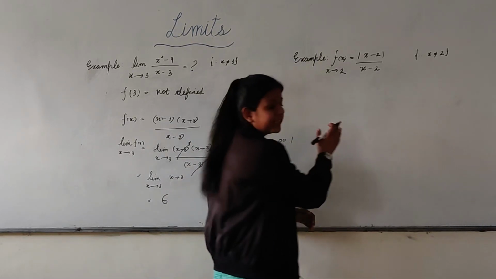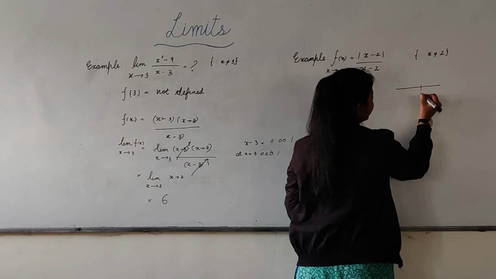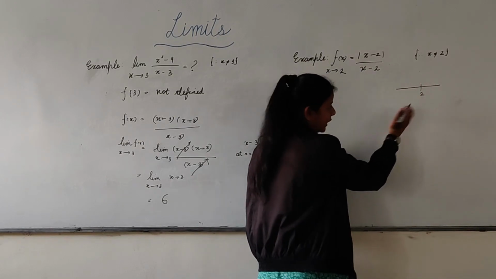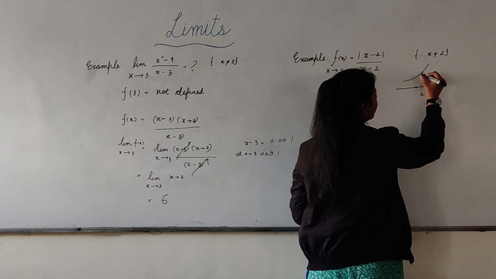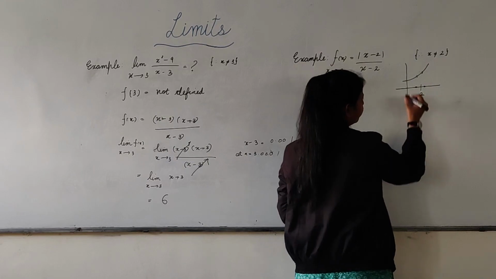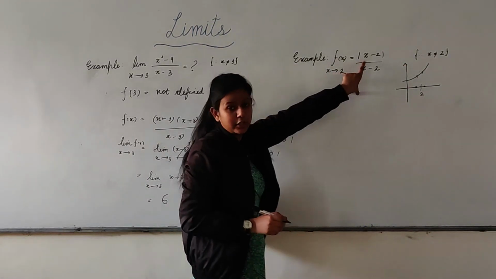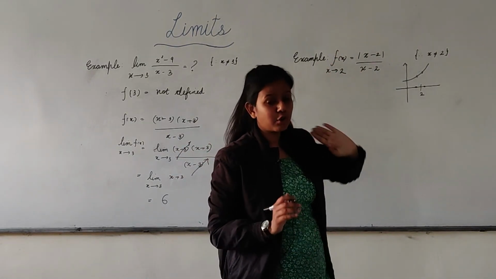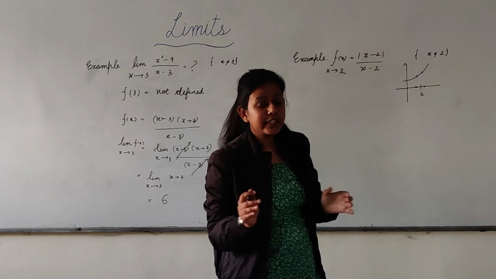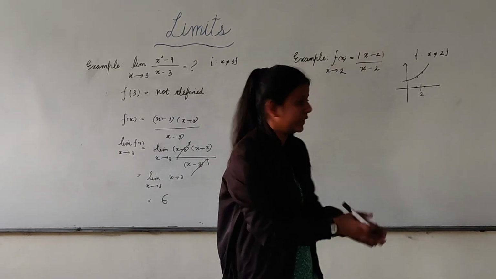So we check in the neighborhood of 2, here on the real line, what the curve will be tending to, what the value will be around x equals 2. So we calculate here, the modulus function is given. As the modulus function is continuous, we will check both the right hand limit and left hand limit separately.